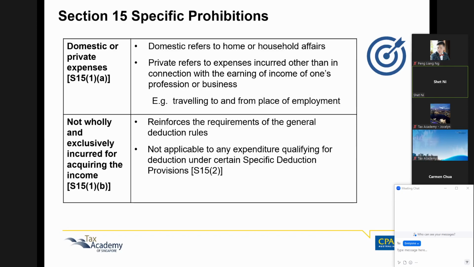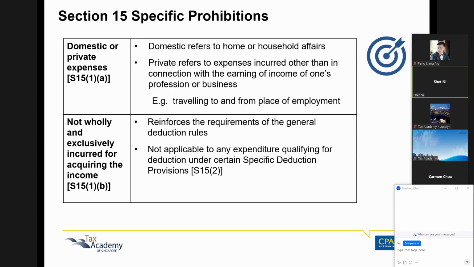Moving on, we have Section 15(1)(b). If you recall, expenses to be deductible under 14(1)(a) should be wholly and exclusively incurred in the production of income. So 15(1)(b) says expenses are not deductible if they are not wholly and exclusively incurred for acquiring the income.